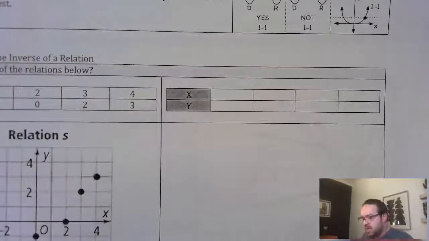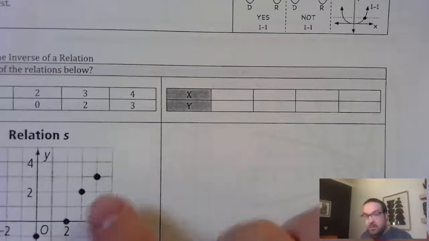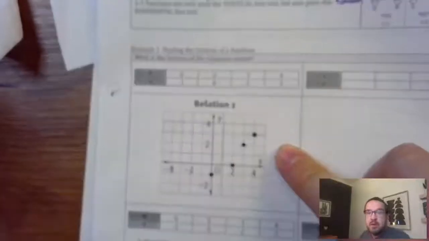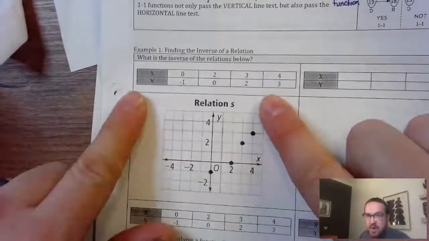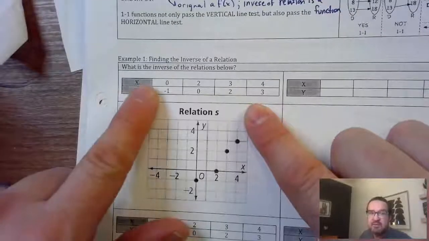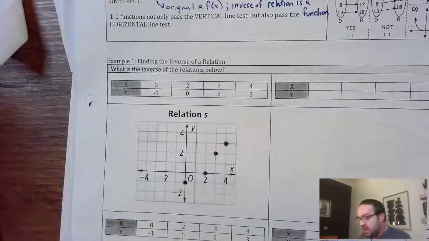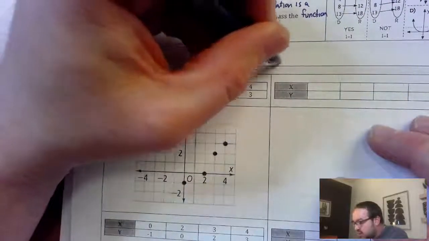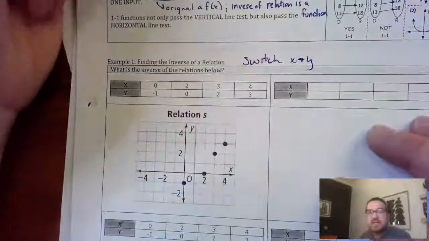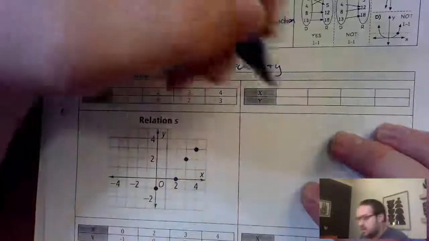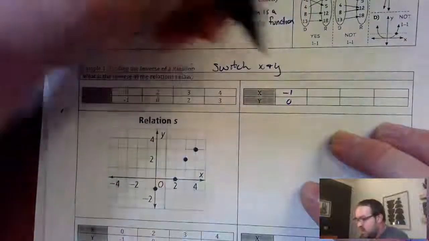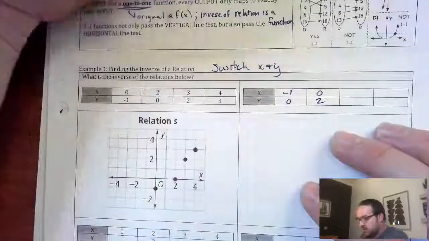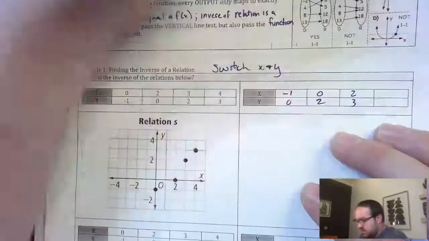You can see right here in example 1, here are my points, and it says, what is the inverse of these relations below? Well, again, the whole idea is just to switch x and y. That's a great first step in finding that. So (-1, 0), (0, 2), (2, 3), and (3, 4).